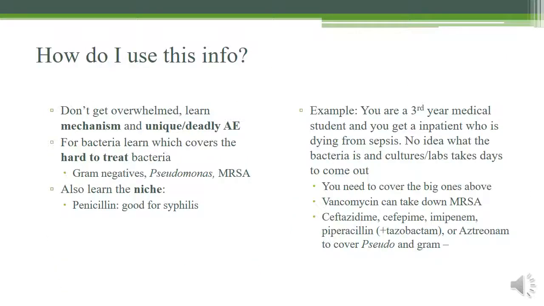How are you going to use this information? Don't get overwhelmed, okay? You don't necessarily need to know the coverage except for the more specific ones like Pseudomonas or MRSA. Maybe you need to learn about the coverage of the niche ones, like penicillin is good for syphilis. Other than that, focus on the mechanism, which should be pretty easy because they share the same mechanism, and focus on the unique deadly adverse effects.